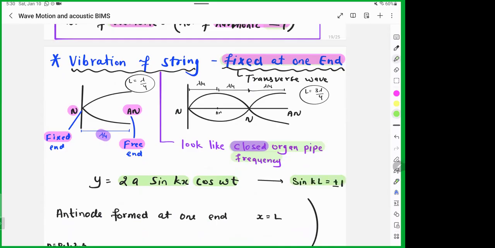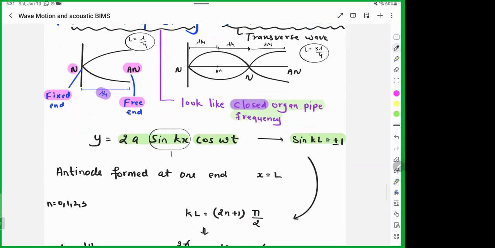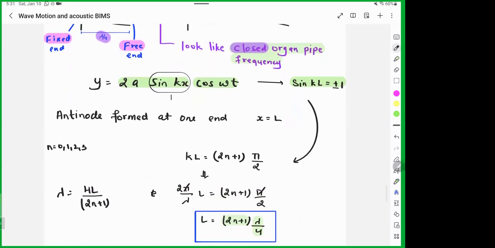You get the maximum value only in the situation when your sin kx will be plus minus 1. Yes or no? Just imagine if this whole value is equal to 1, then the y value will be maximum. Yes or no, guys? Yes, sir.